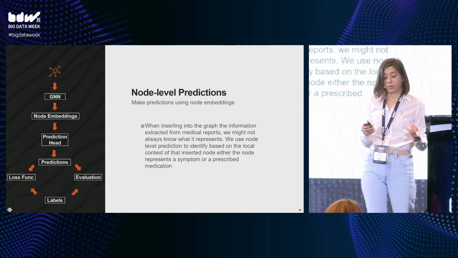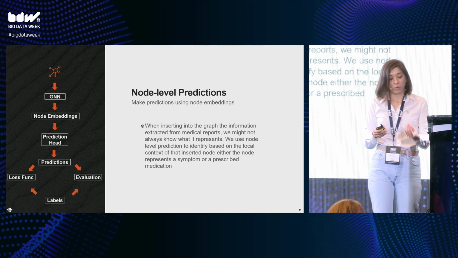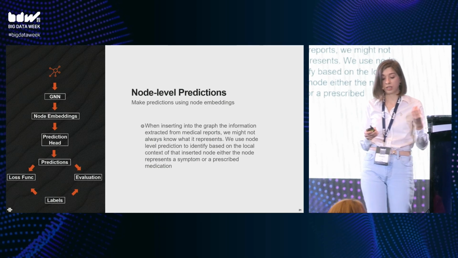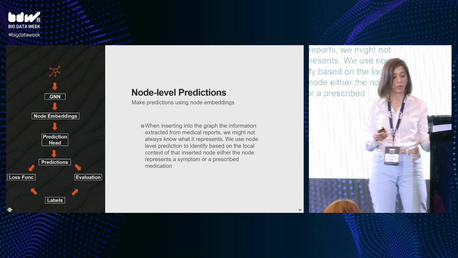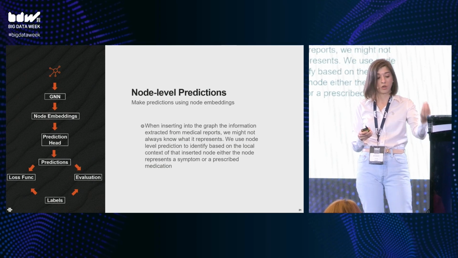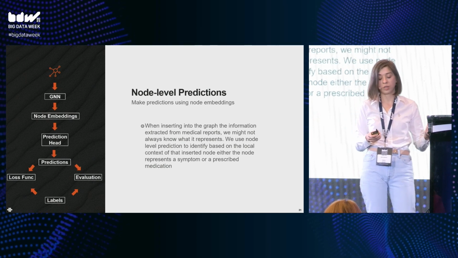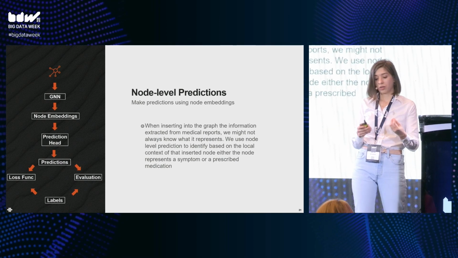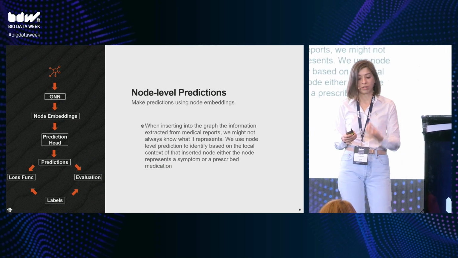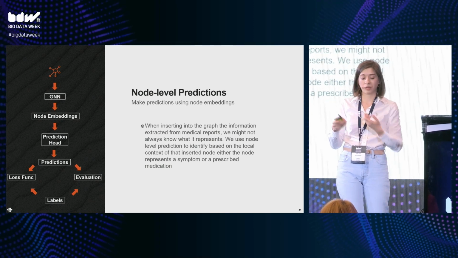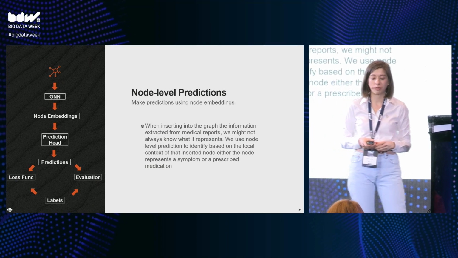And then you have the predictions, right? You compare them with the labels, and you try to optimize, basically minimize the loss function, so the difference between your predictions and the actual labels. And after you finish the training, you can use the same method, comparing predictions with the labels, to perform the evaluation. This is the evaluation of the performance of the model.